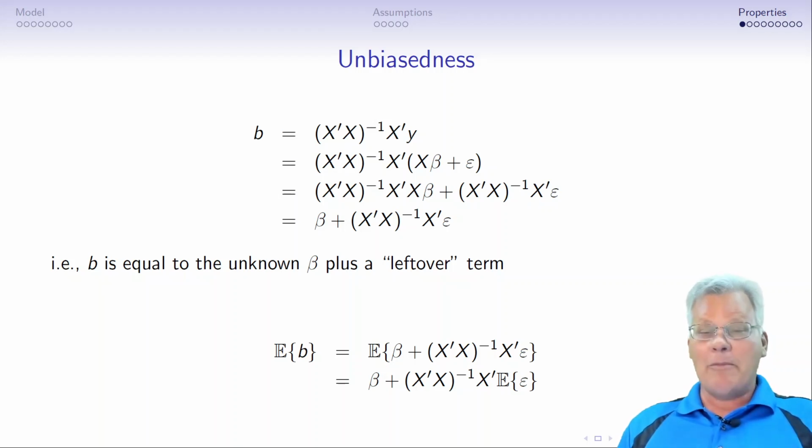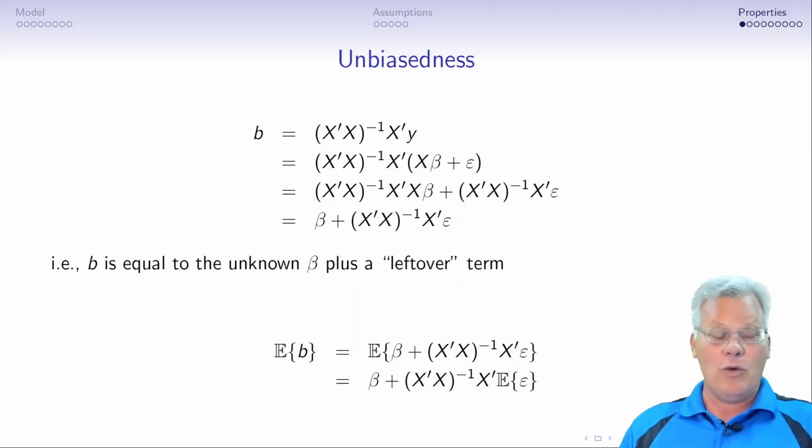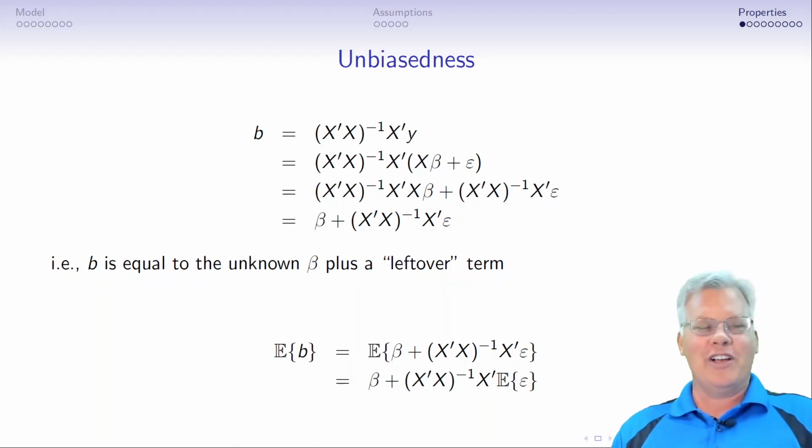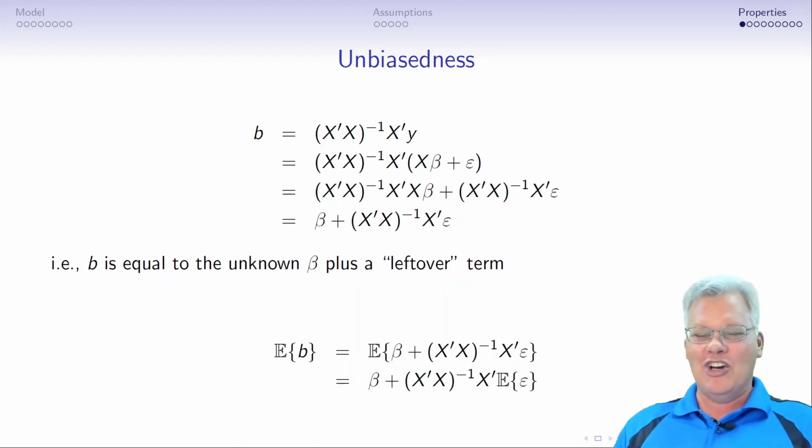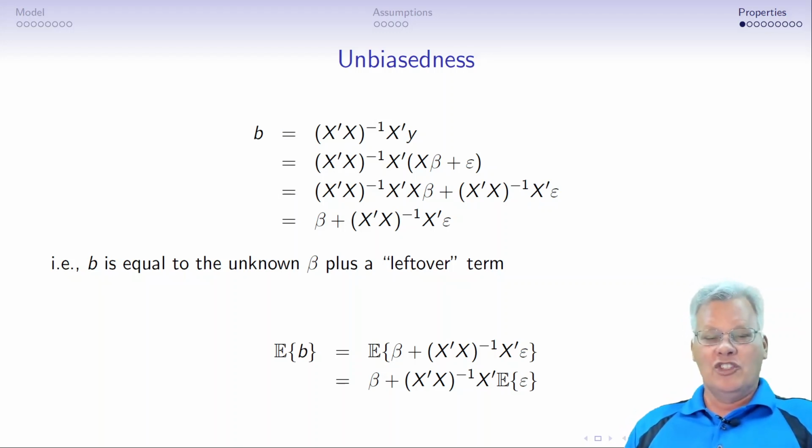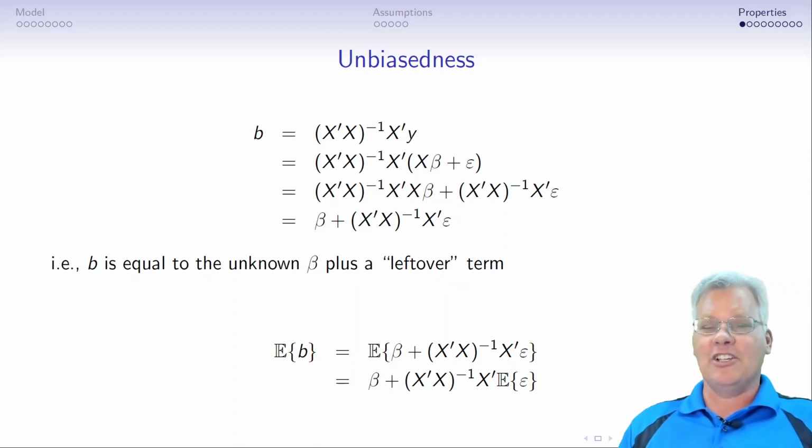And then the x's, remember, we assume are non-stochastic in repeated sampling. We made that somewhat heroic assumption to make the math a little bit easier. So what this means then is I can move the non-stochastic x's outside the expectation operator. So the expected value of B is equal to beta plus x prime x inverse x prime times the expectation of epsilon.